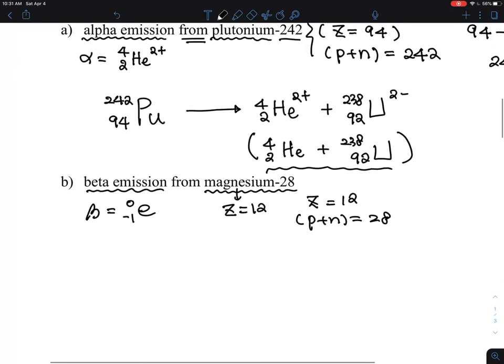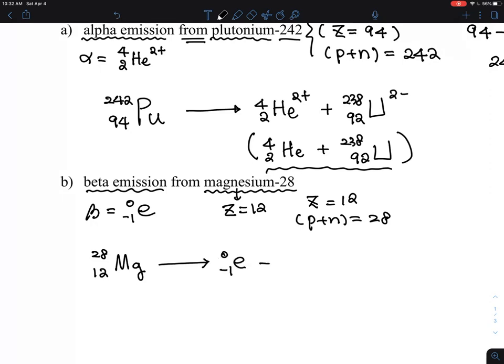So that, having said that, I can start writing this equation now. Mg, magnesium, which is atomic number 12, and 28 protons plus neutrons. They decay to emit a beta ray. And then what will be the atomic number? Okay, 12 minus -1 will be 13, right?